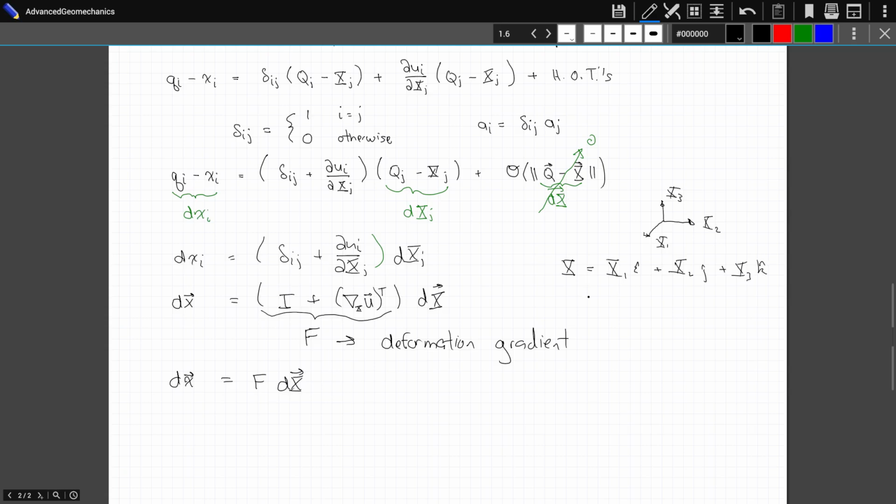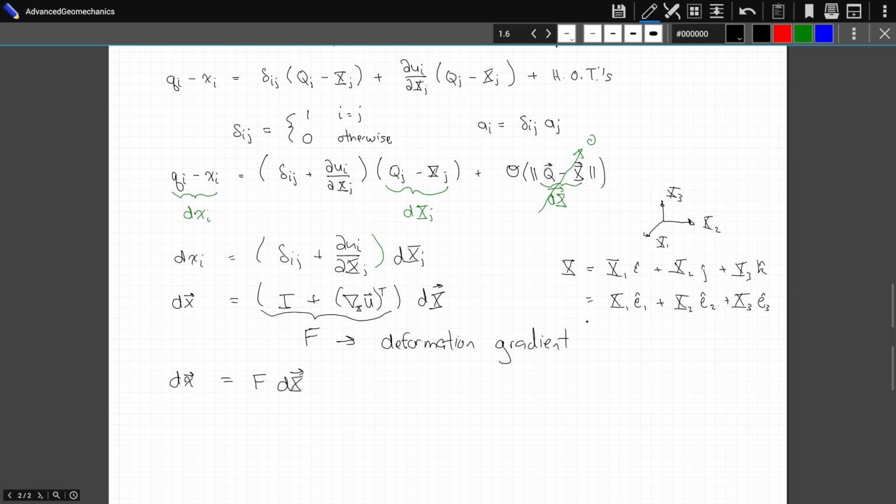In this class we're going to use just the symbol E for a unit vector. In this case, it'll be x1 E1 plus x2 E2 plus x3 E3. I'll try to always use the little caret on top to identify a unit vector, right? A unit vector is just a vector that has a magnitude of 1. And the reason we're going to use E1, E2, E3 in place of I, J, and K is because then it leads again into nice indicial notation, right?